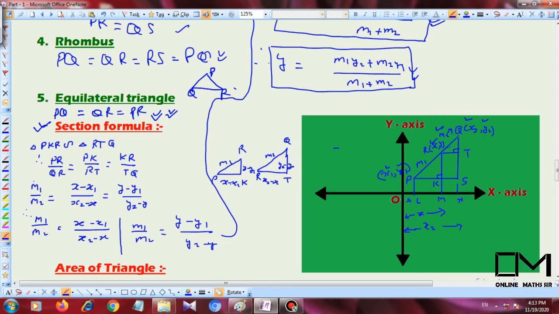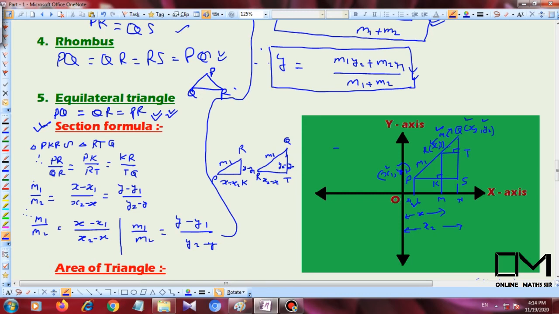Now draw another perpendicular from the point R, which falls on the x-axis at M. Now draw another perpendicular from P on the line QN and from R on QN, which fall at S and T respectively. Clear?